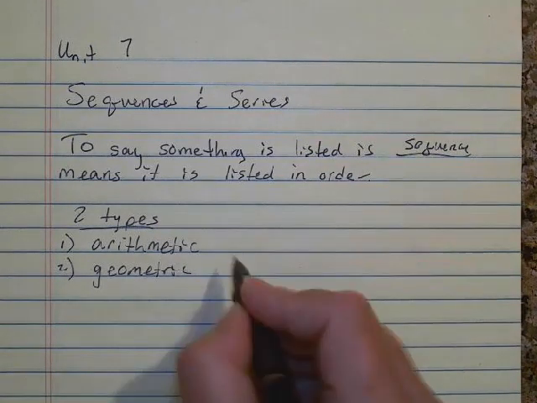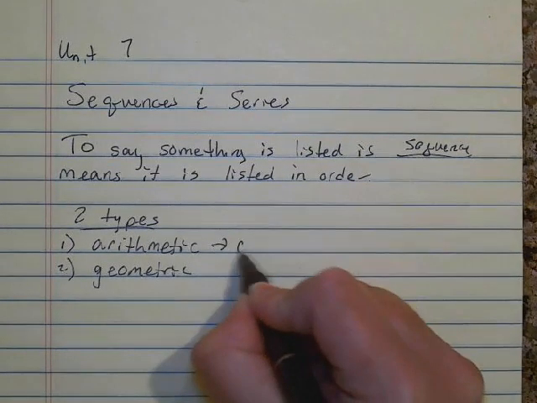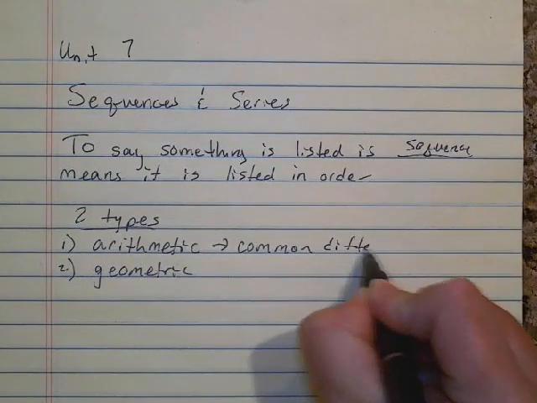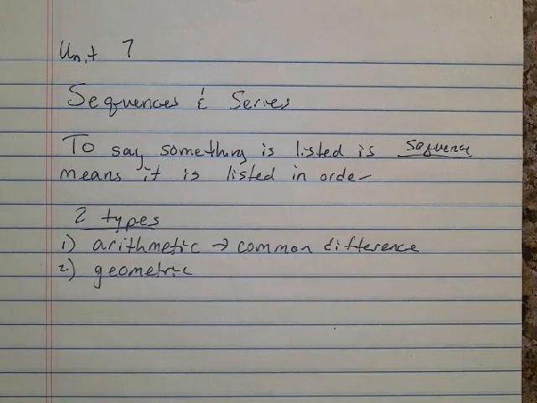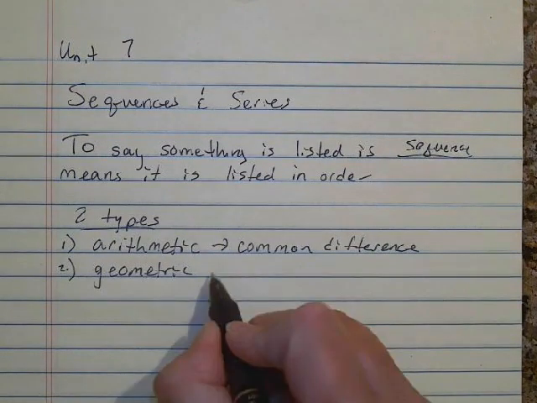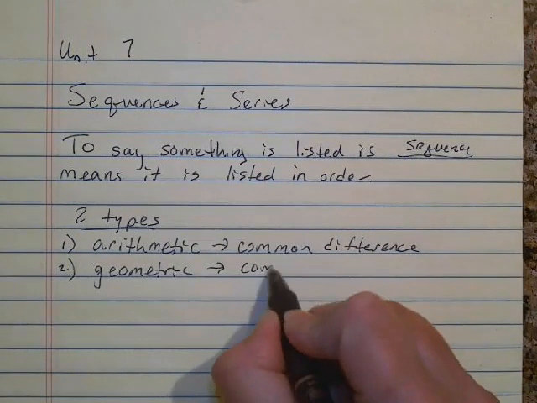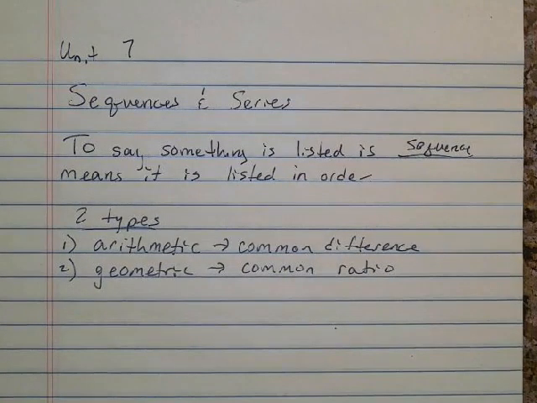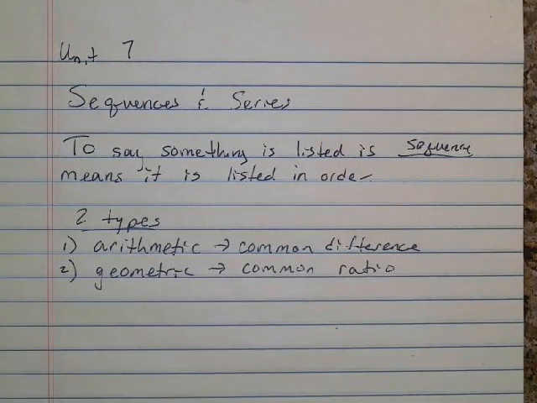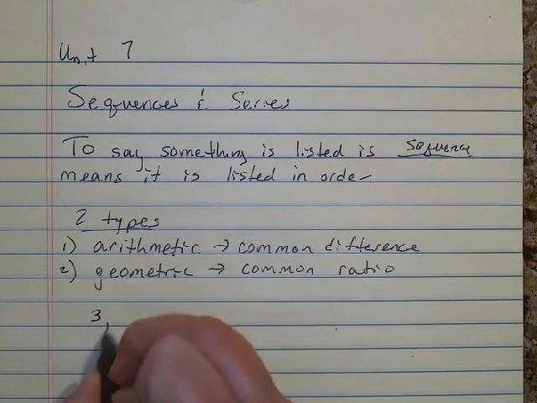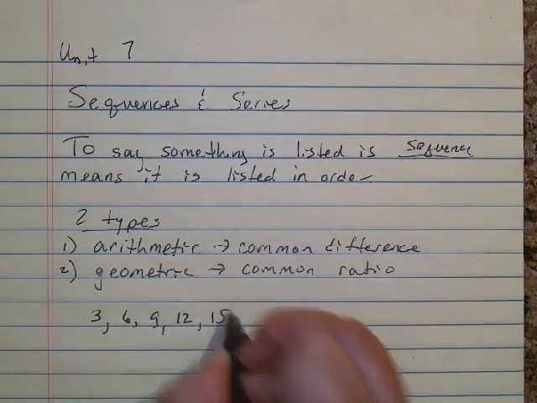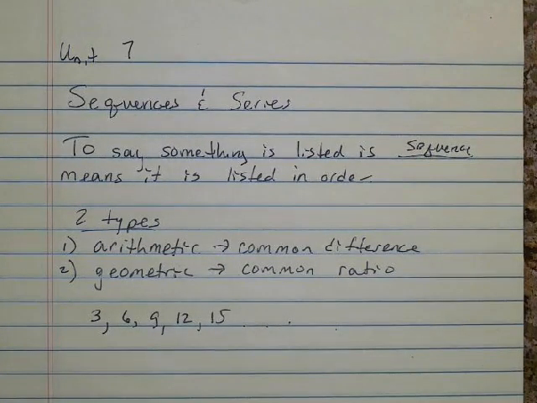So an arithmetic sequence is a sequence that has a common difference. And a geometric sequence is one that has a common ratio. So here's an example of an arithmetic sequence. 3, 6, 9, 12, 15, and so on.